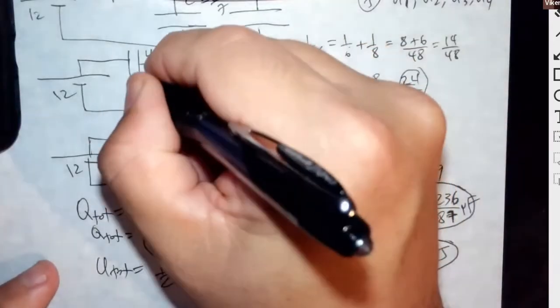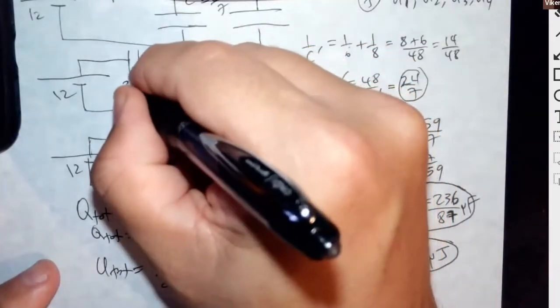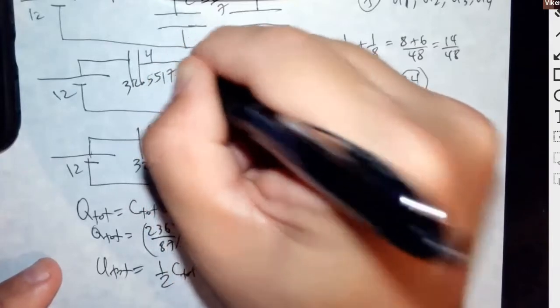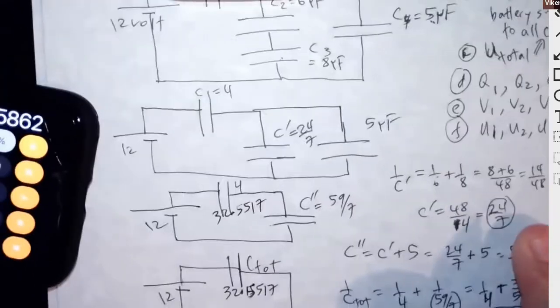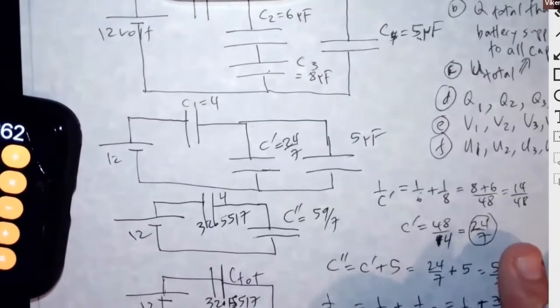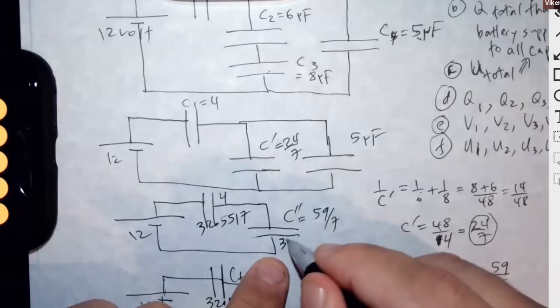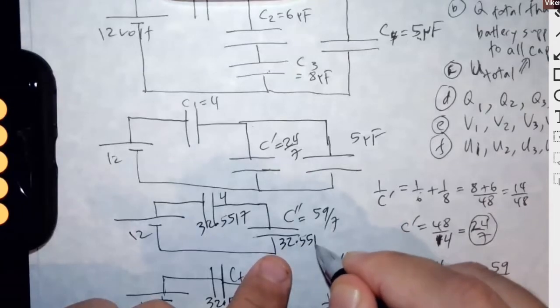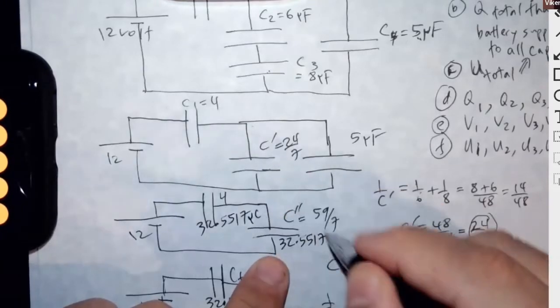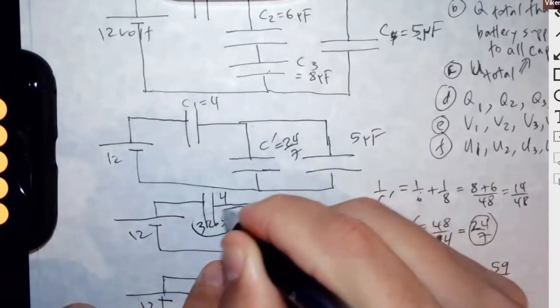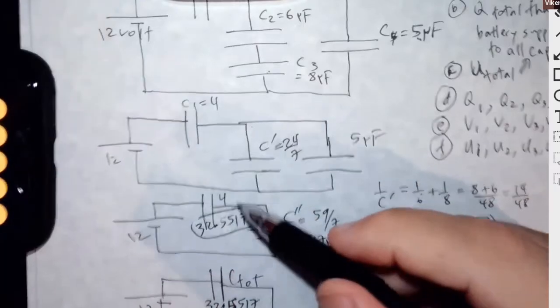So the charge here would be 32.5517 microcoulombs. So now I'm going back up to the top. So that means I already know the answer to the charge of one of the original capacitors, right?